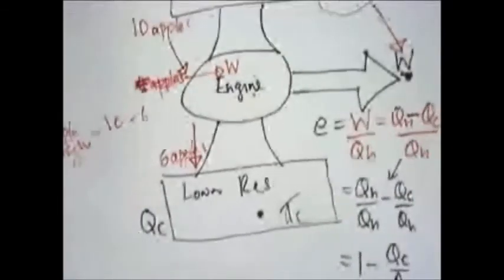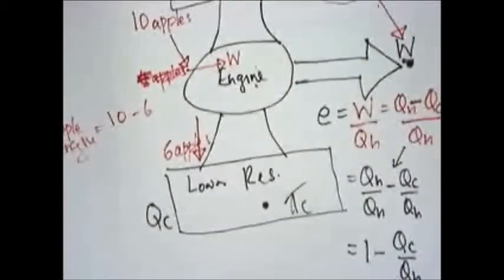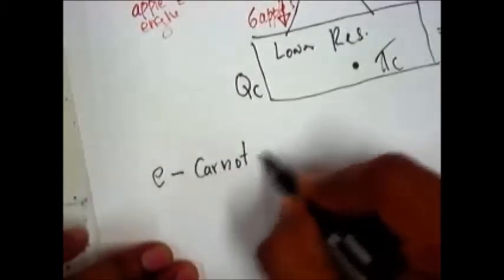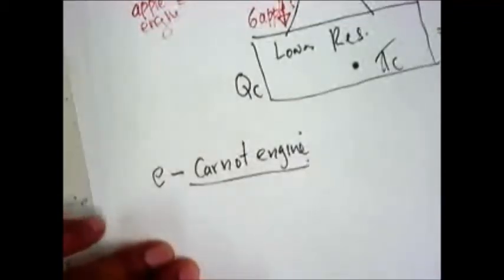Next we have another formula, which is written in terms of temperature, and that formula usually gives the efficiency of a Carnot engine. A Carnot engine simply means a theoretical engine.